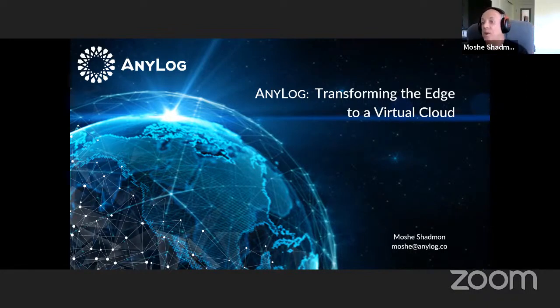If Google were to say, in order to facilitate search, let's take all the websites and move them to some centralized location, we understand it doesn't make sense. But companies are doing it with IoT data, with edge data, because there is no other way. And what I showed you now is that there is another way. You could keep all your data or some of your data at the edge and make it available and accessible without effort. It's all plug and play.